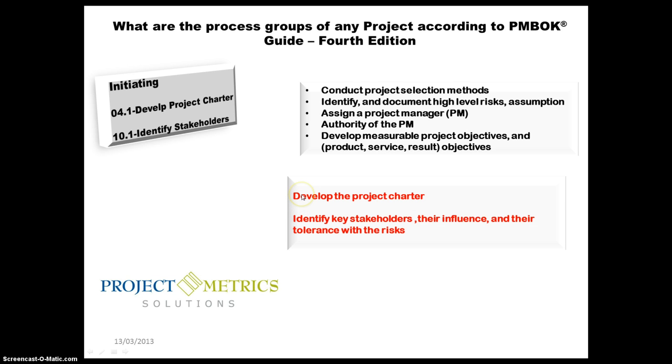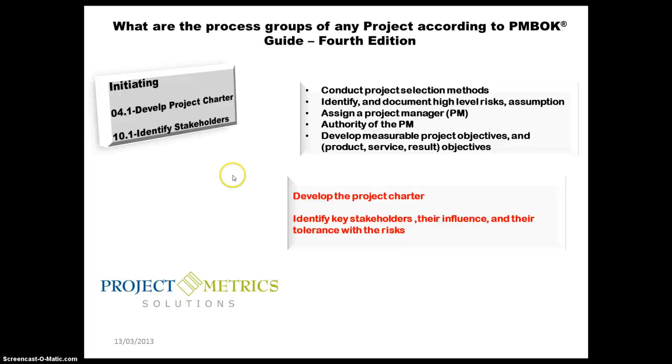But having said that, I'd like to go into a little more detail in the initiating. Again, I'd like to remind you that we are going to go through this session by process group, not by knowledge area.